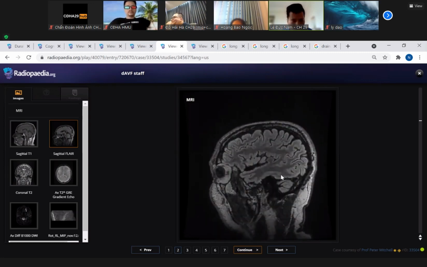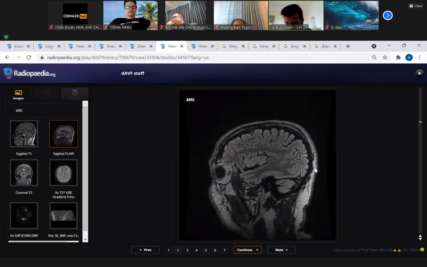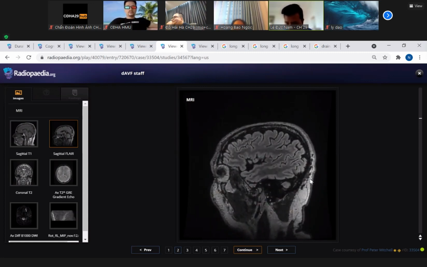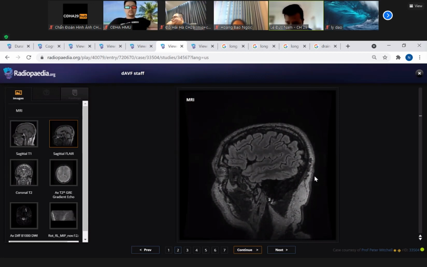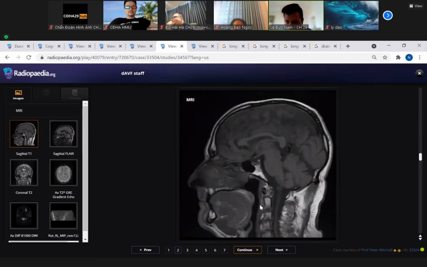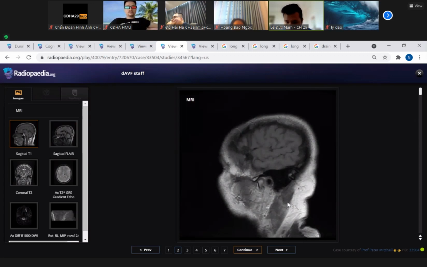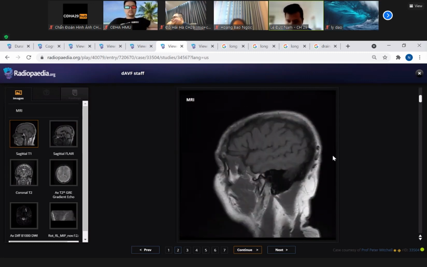We see on the sequence dilation of this vein, the exit vein.